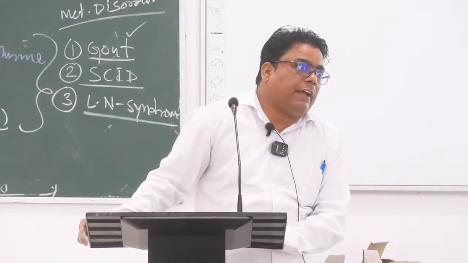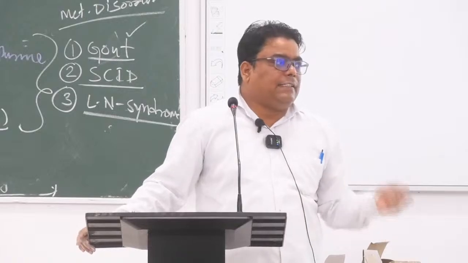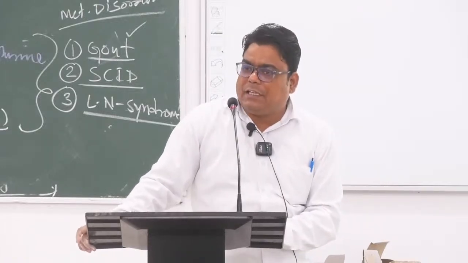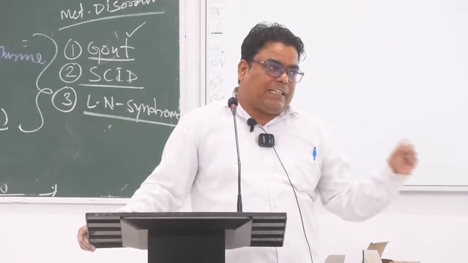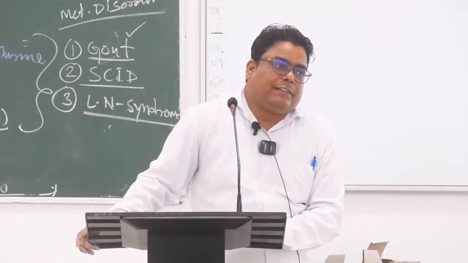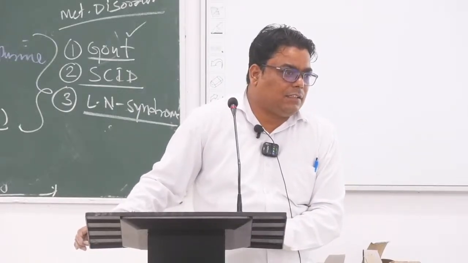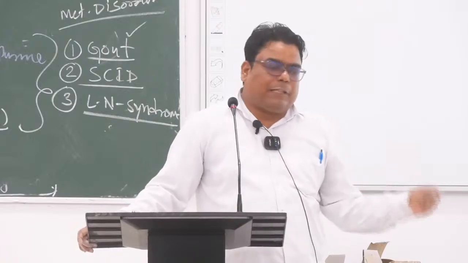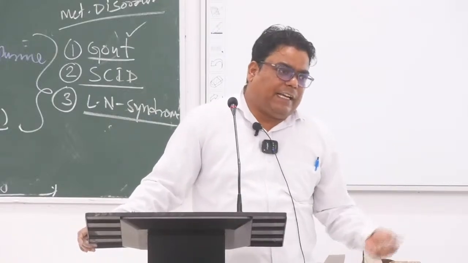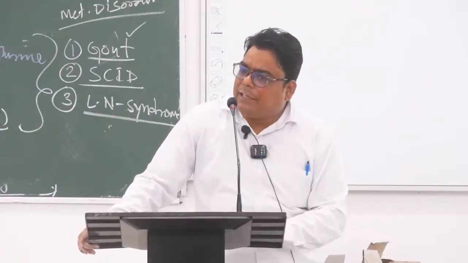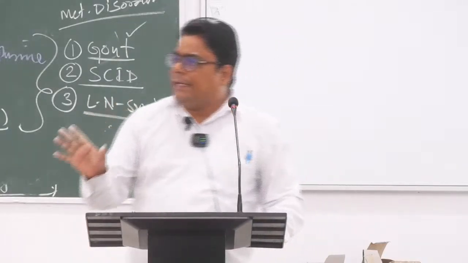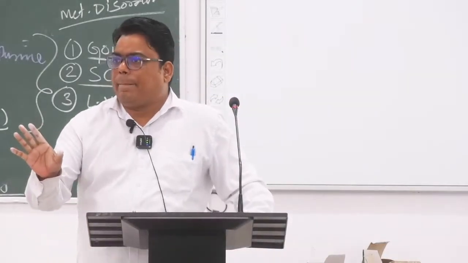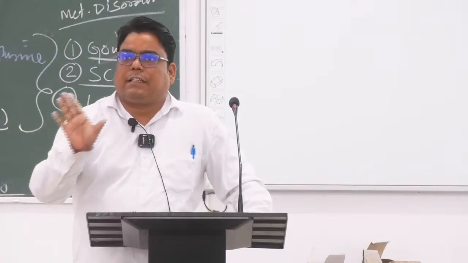What is the biochemical defect? You will write there is a deficiency of the HGPRTase enzyme. Then the next question is why the uric acid level increases. You will tell it is a salvage pathway enzyme. If the enzyme is deficient, it can lead to an increase in the uric acid level. Understand? It is simple. Cases come like that.